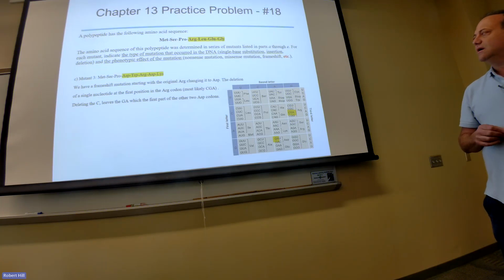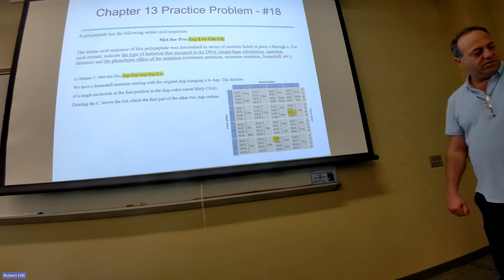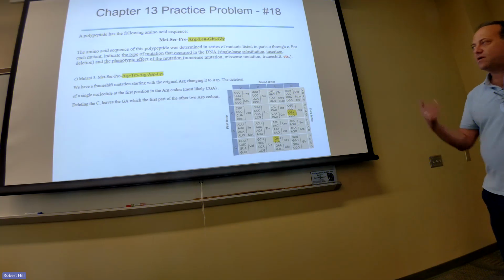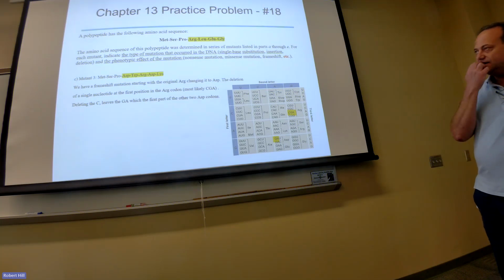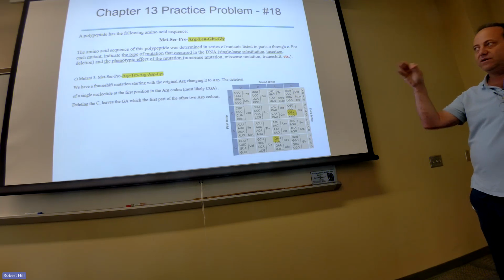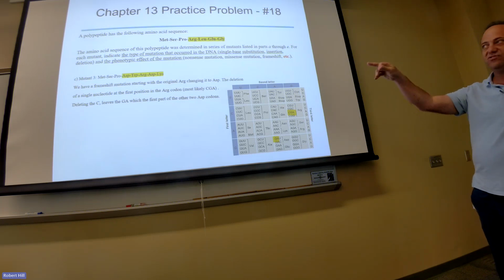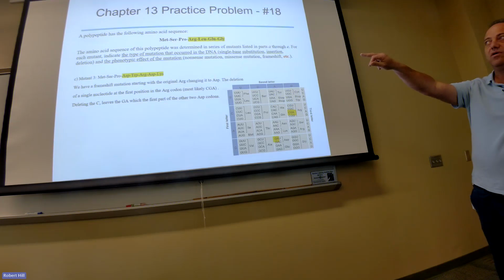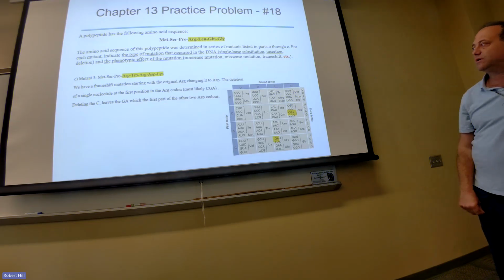Right, so now when I worked this out, I didn't take it so far as to check all of the nucleotides and figure out what nucleotide changes would account for the changes of all of the amino acids. I just looked at the first one, right? So we're going from an arginine to an asparagine, right?